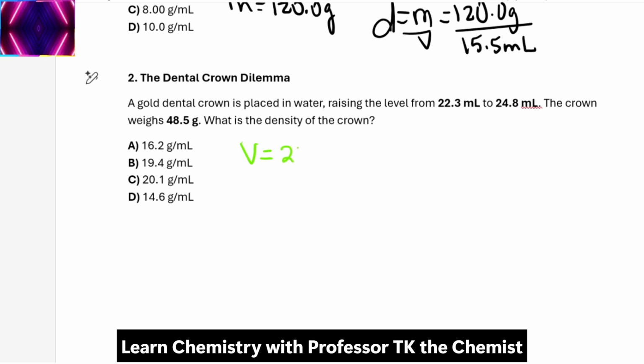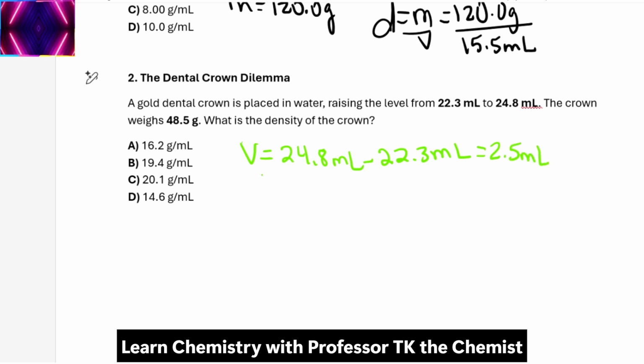So again, you're just going to subtract 24.8 milliliters minus 22.3 milliliters. And when you do that, let's see what you get right here. You get 2.5 milliliters. So that is your volume.